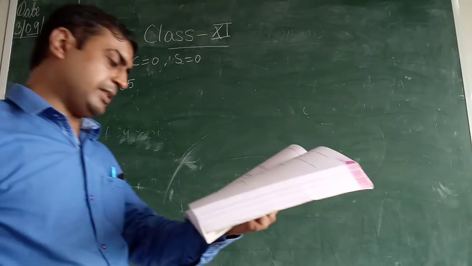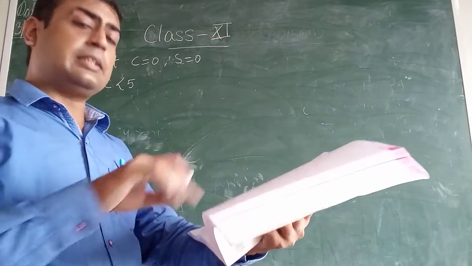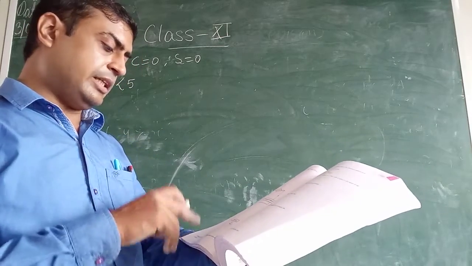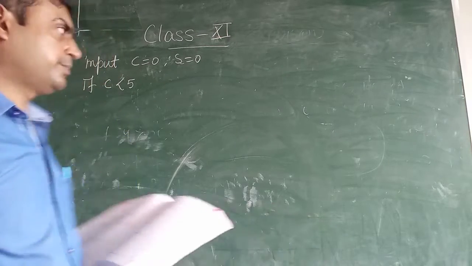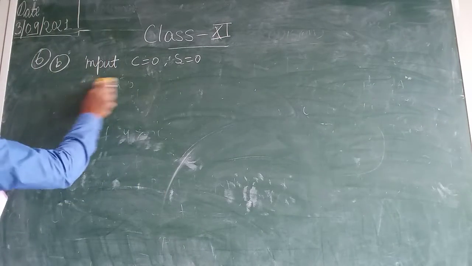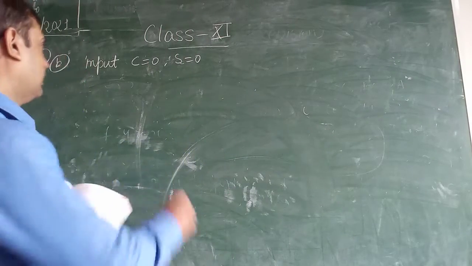If it is yes, see, it is repeating. From downside it is coming again and again. It means this is while loop. If repetition is there, you have to use while loop.